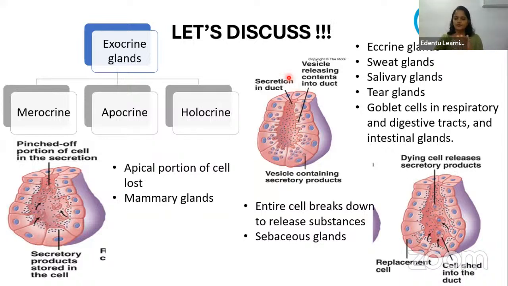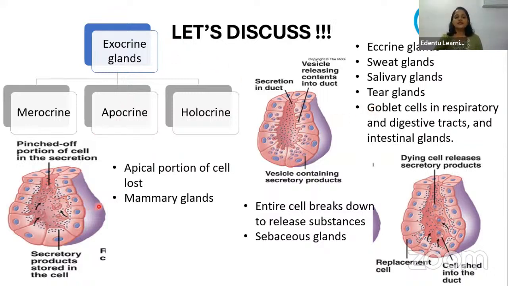This secretion then goes into the duct. Such a type of secretion is called merocrine secretion. The main examples are sweat glands, salivary glands, tear glands, goblet cells in the respiratory and digestive tract, and the intestinal glands.